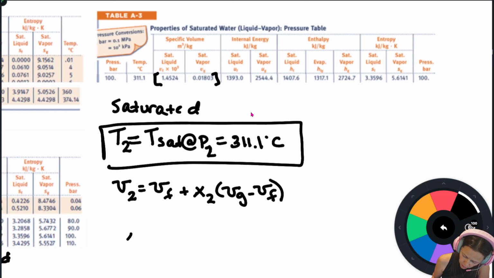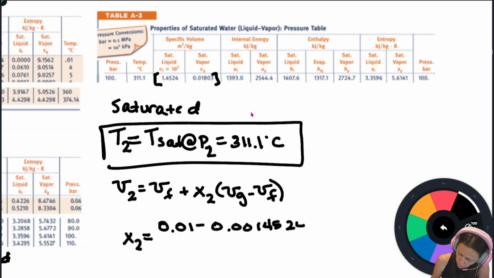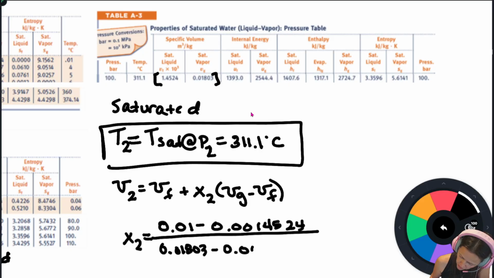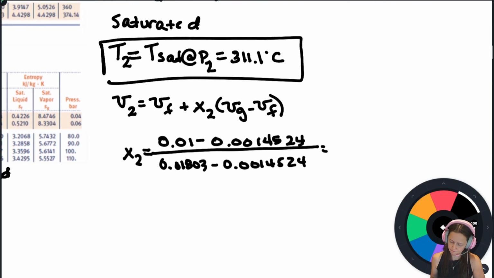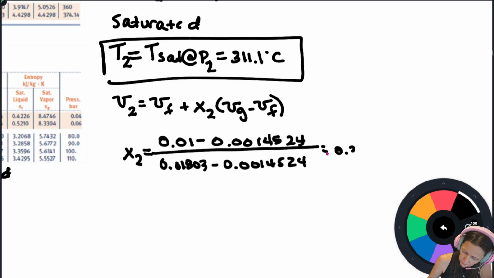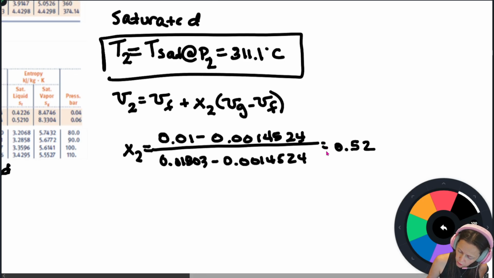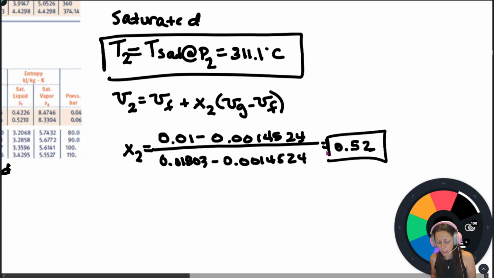So my quality ends up being V2, 0.01, minus V sub F, 0.0014524, over V sub G, 0.01803, minus V sub F, 0.0014524. So let's see, what do I get? I got 0.52. So I am going to box that right there.